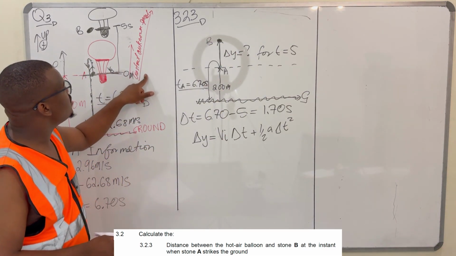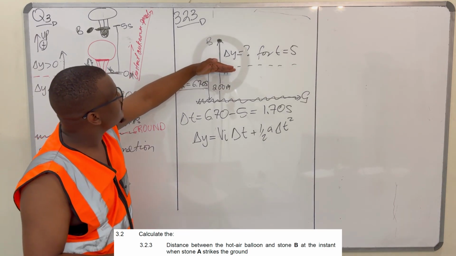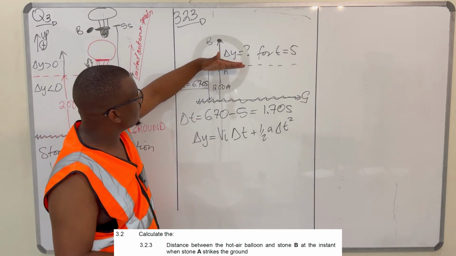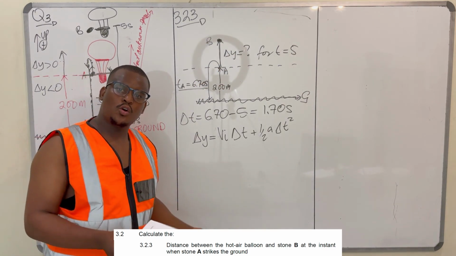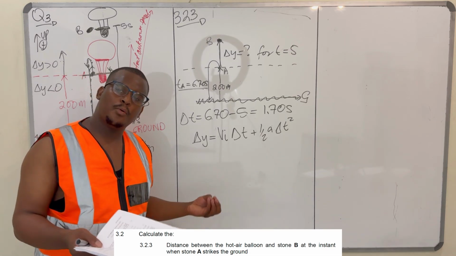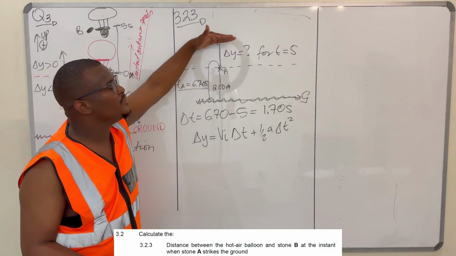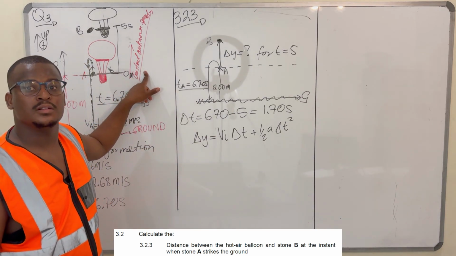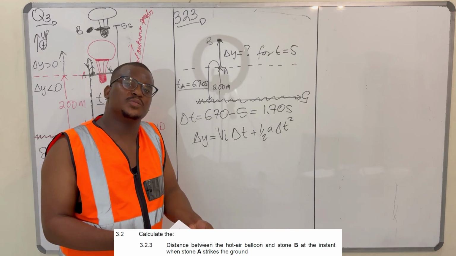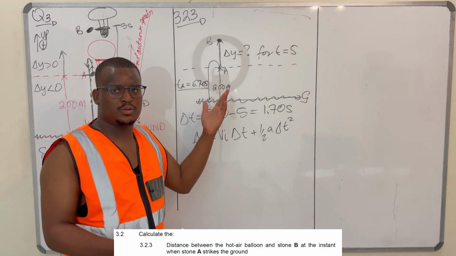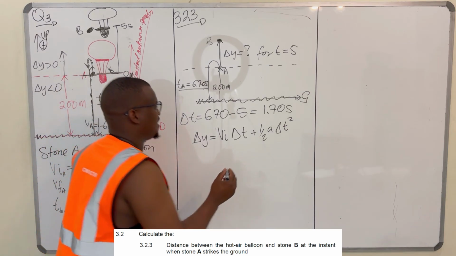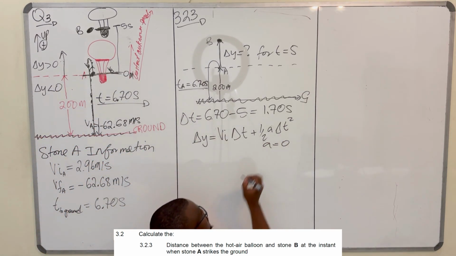So from this point A to that upper point, the stone and the hot air balloon are both moving at the same constant velocity, because the stone is inside the hot air balloon. So if the hot air balloon is moving at a constant velocity, so is the stone. So if that velocity is constant, what is the acceleration? It's 0. So this part is 0.